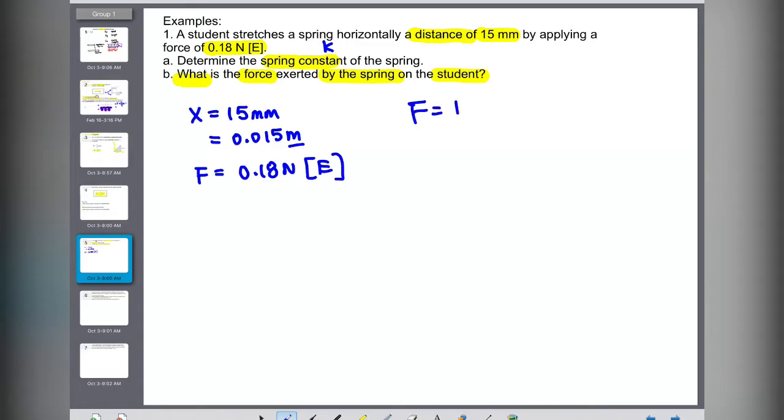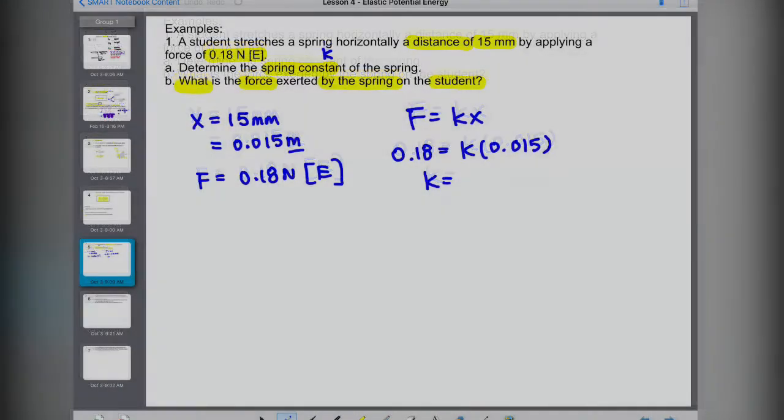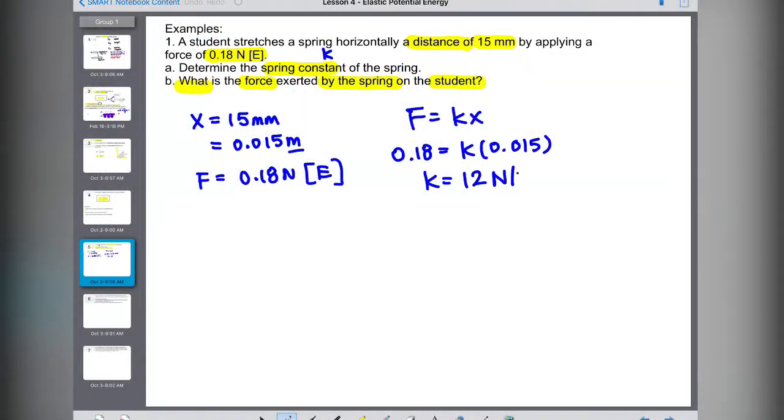So force is kx. 0.18 is k times x. Rearrange your equation. So k is 12 newtons per meter, meaning whatever this spring is, it will take 12 newtons to extend or compress it by 1 meter.